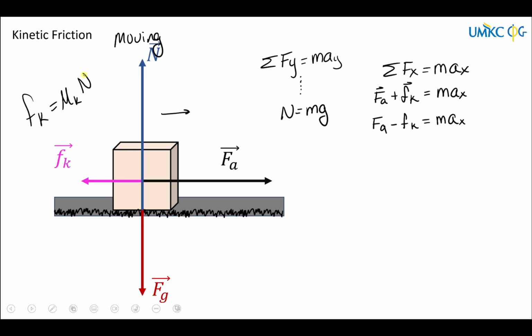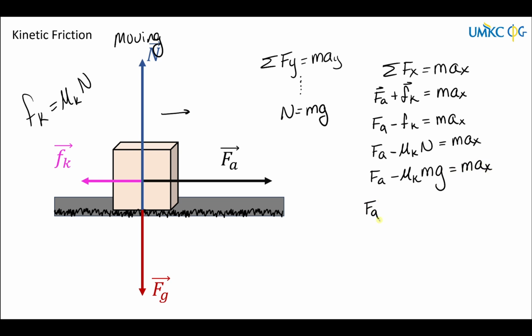So I can replace this Fk with mu sub k times the normal force: my force applied minus my coefficient of kinetic friction times the normal force is equal to mass times acceleration in the x direction. I know from the y direction that the normal force is mg, so the force applied minus the coefficient of kinetic friction, mass, g is equal to max.